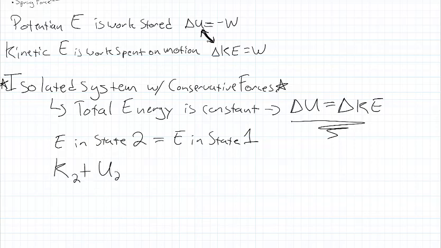And so just as easily, we can define that by a combination of kinetic and potential energy, which is equal to a combination of kinetic and potential energy at some other time. Now, K1 doesn't necessarily have to be equal to K2, right? But the total K plus U is going to be equal at every different state in the system, as long as you have an isolated system with conservative forces. And just in terms of terminology here, we call this combination of kinetic and potential energy mechanical energy.